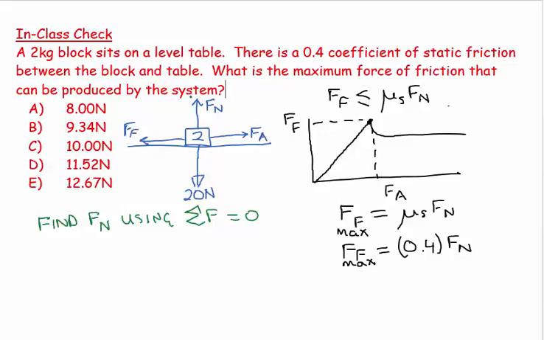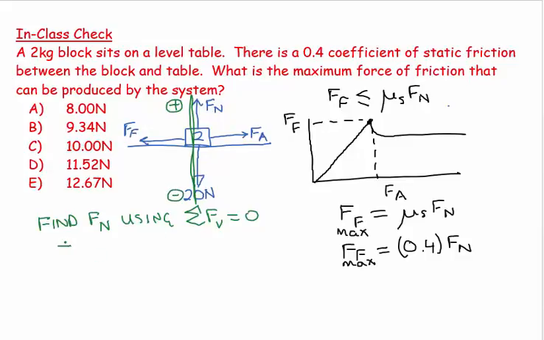What I find is if I choose my axis perpendicular to the forces that I don't want to deal with, they have no component in that direction. So I'll say vertical, because if I pick a vertical axis, then FF is not involved and FA is not involved. And so I say, let's call this the positive end, let's call this the negative end.